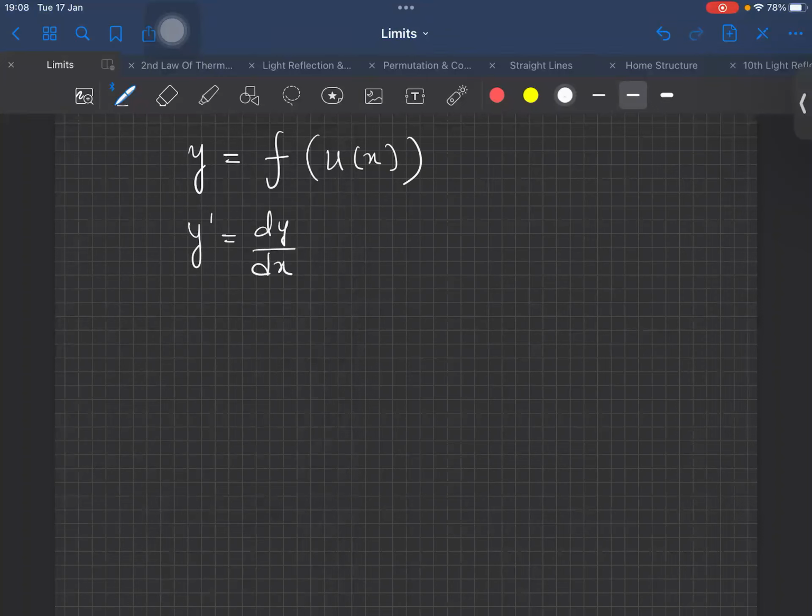Y depends upon u of x, and u depends upon x. So you'll find the derivative of y with respect to x by writing dy upon du, the derivative with respect to u, times du upon dx. This is called the chain rule.